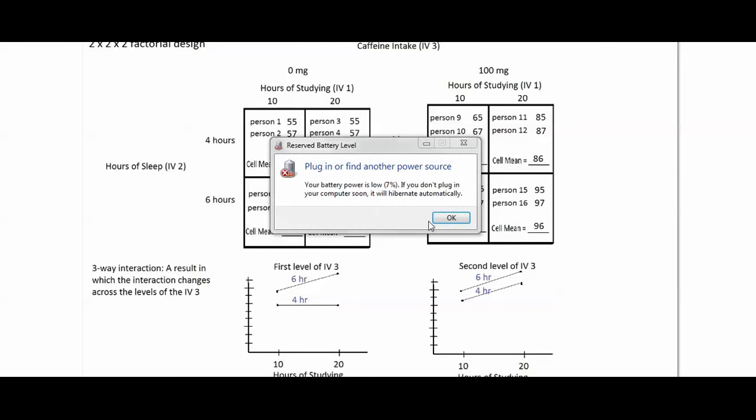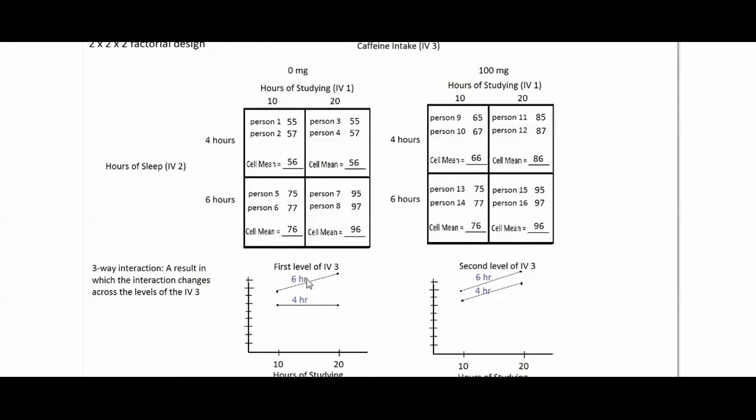And if we see this outcome that we see here, where we have an interaction at one level of IV3, but no interaction at the other, that is a certain type of 3-way interaction. Because this graph and this graph don't look the same, which means that there is a 3-way interaction.